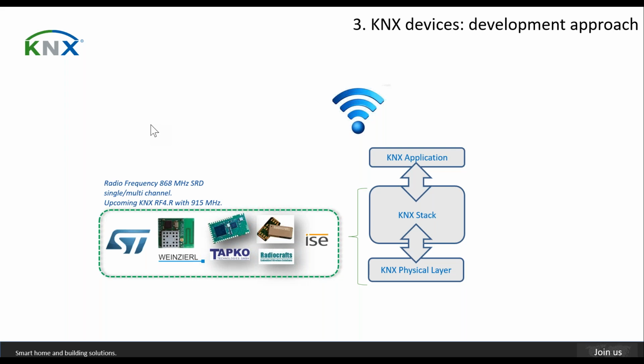The KNX specifications are open to other frequencies, and actually now it is under development, the KNX RF 4.R, which is for the 950 megahertz frequency band. So this means that the KNX RF is becoming richer and richer.